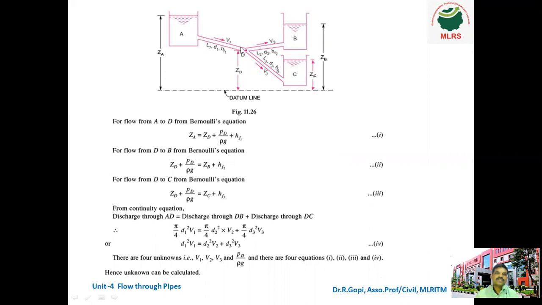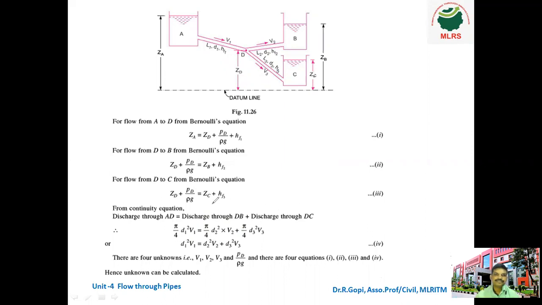You can see this is the main pipe, and after that two branch pipes come. So the discharge from A to D is equal to the summation of the discharge of pipe D to B and of pipe D to C. Write the equation: pi by 4 D1 square V1 is equal to pi by 4 D2 square V2 plus pi by 4 D3 square V3.